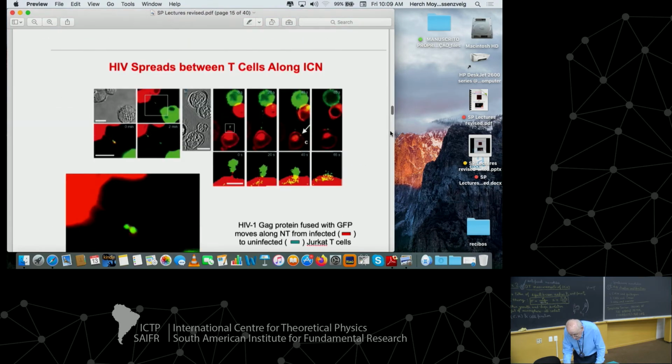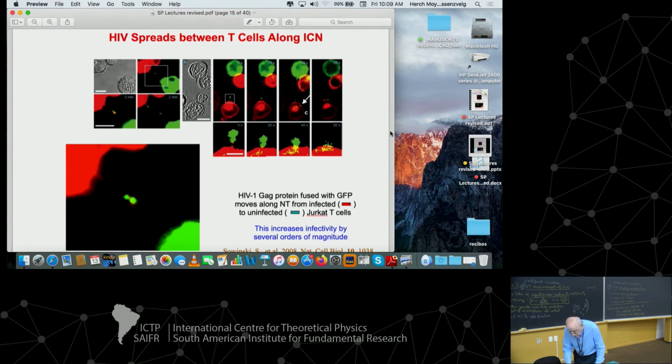The next demonstration of how they allow the propagation of infection is here, and that's now with HIV.